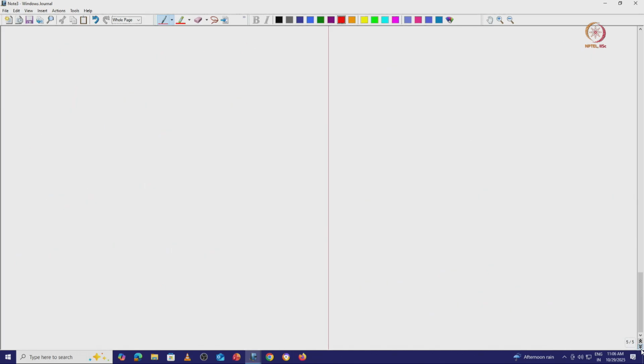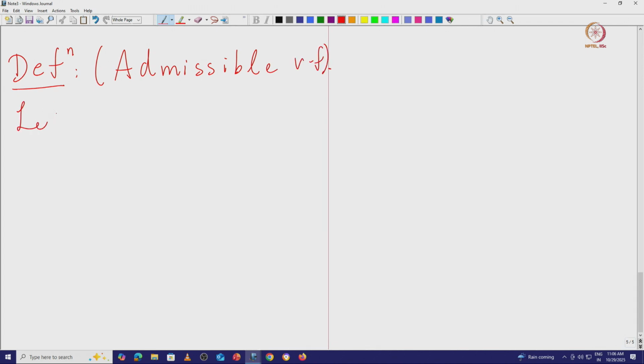Alright, so I also need to define what are called admissible vector fields. Let gamma be an admissible curve as in the definition.